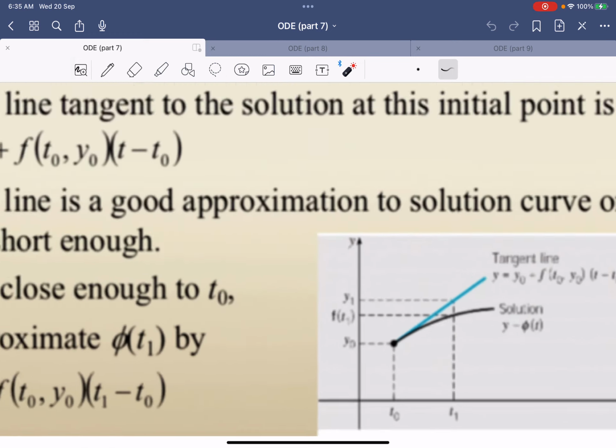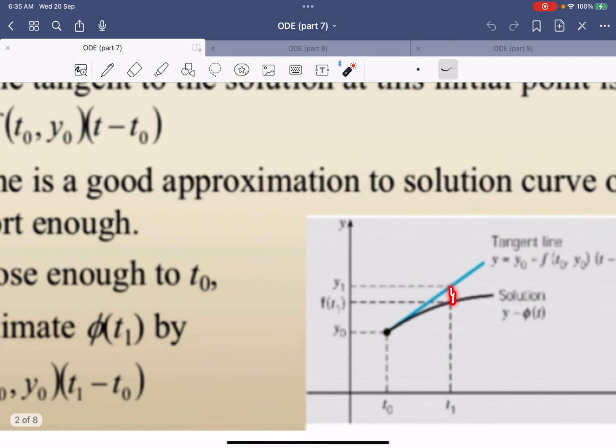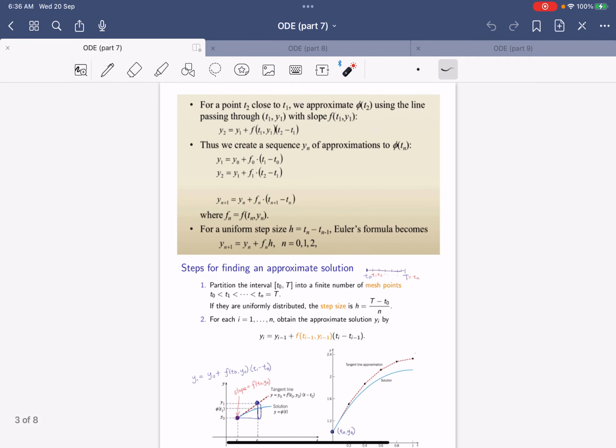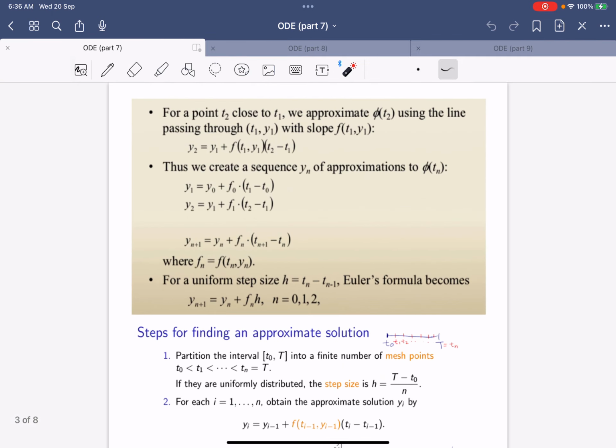And when t1 and t0 are close enough, you get a better approximation. Because if you see here, now the distance between these two curves is this, but if your t1 is nearer, your distance shortens. Now we repeat the process and we just get t2, y2, all the way to y_{n+1}. And y_{n+1} is just the previous y_n plus f_n times (t_{n+1} minus t_n).